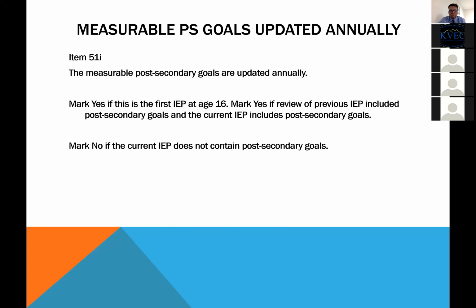So if it's the first one, you're going to mark yes. You're going to mark yes if review of previous IEPs include post-secondary goals and the current IEP includes post-secondary goals. And then we'll mark no if the current IEP does not contain post-secondary goals. So we have to make sure that we get those post-secondary goals in there.